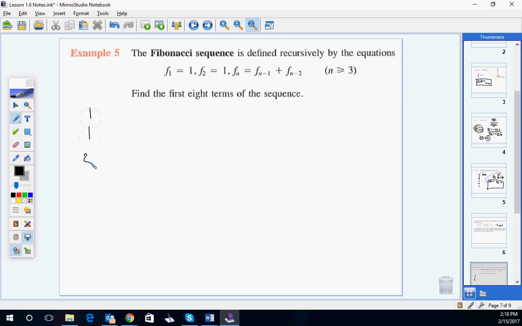So it's adding upon the previous. 1 plus 1 is 2, 3, 5, 8, 13, 21. That's the Fibonacci sequence. And what they're saying by definition here is you're adding up the previous terms to each other. But that starts at n greater than or equal to 3.